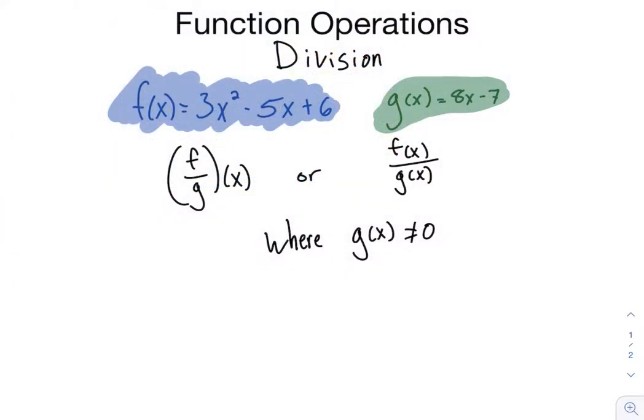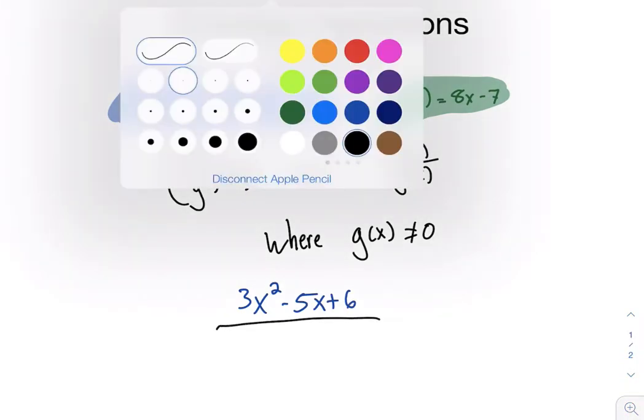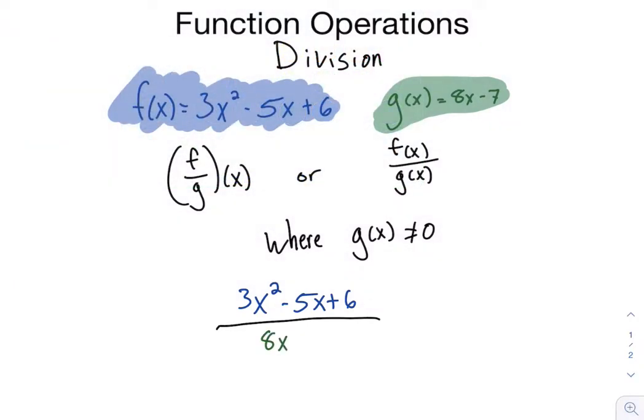Again, as with the first 4 videos, the first thing I like to do is write the functions as they appear, both where they're listed and in the notation on what operation we're using. So I'm just going to take f of x, which is 3x squared minus 5x plus 6, and write that as a fraction, or divide it by 8x minus 7.